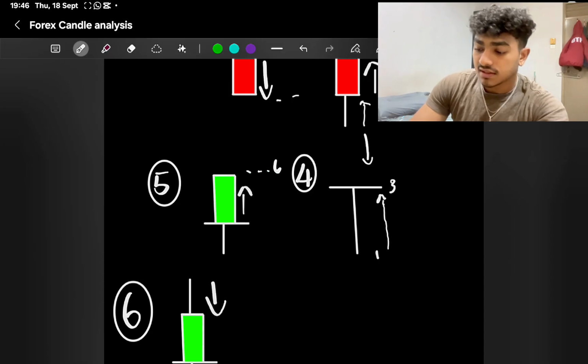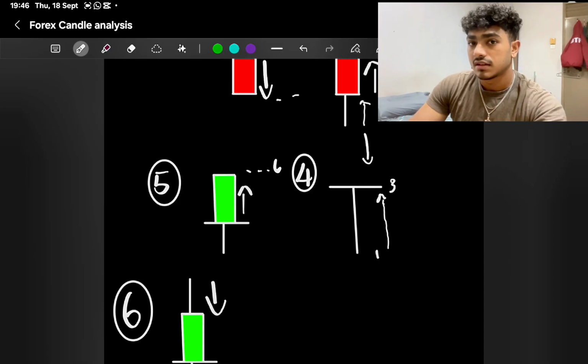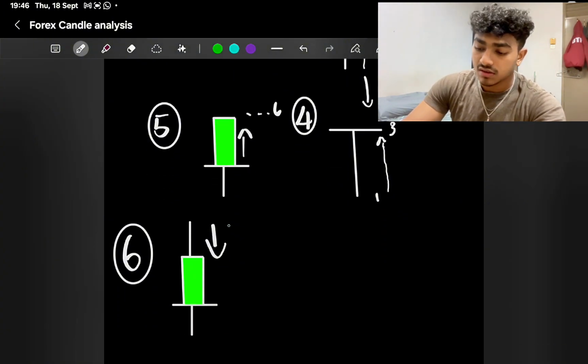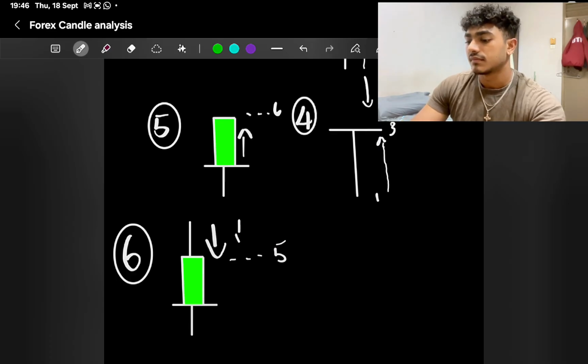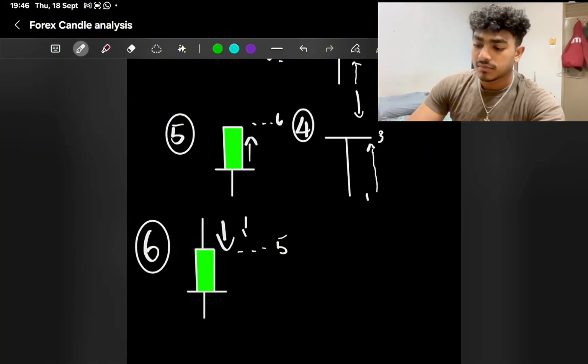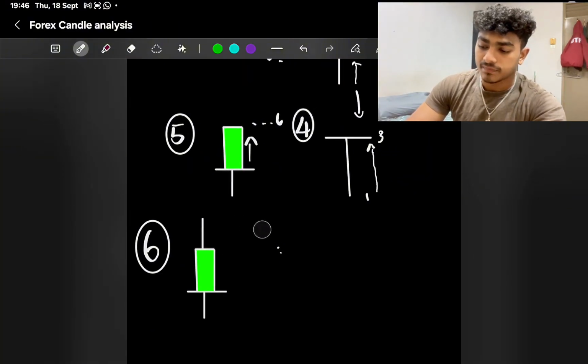Now it's at 6 ringgit. And lastly, for example's sake, the candle closed, went back down at 5. That's it, that's how easy it is. That's exactly how a candle is formed, how a candle moves, and all that.